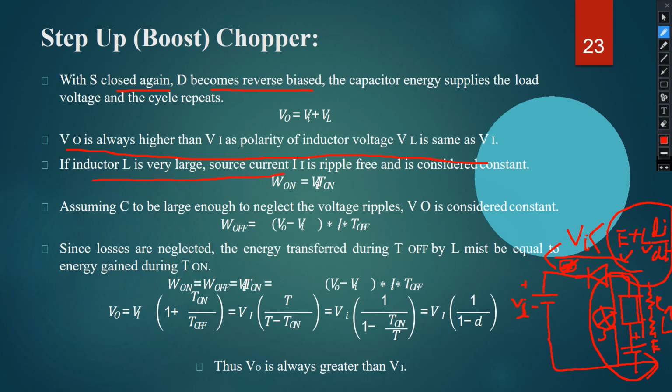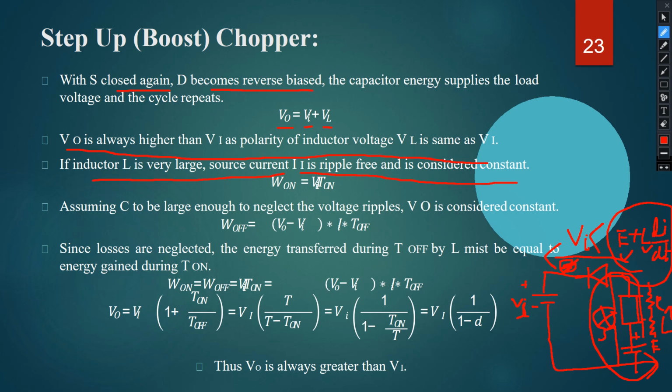If the inductor is very large, the source current I1 is ripple free and it is considered to be constant. So another function of an inductor is to minimize the ripples. So V output is equal to Vi plus VL. So the output voltage is equal to input voltage plus load voltage. So V output is always higher than the input voltage, as the polarity of the inductor voltage VL is same as Vi.